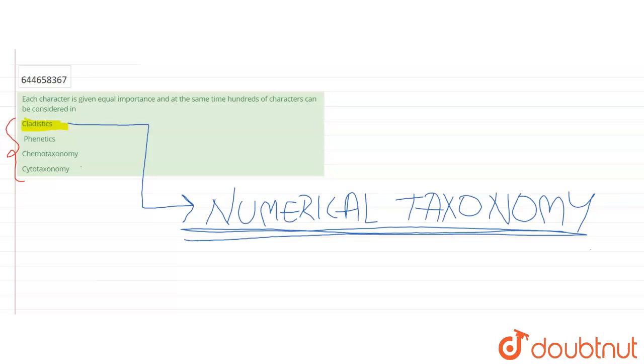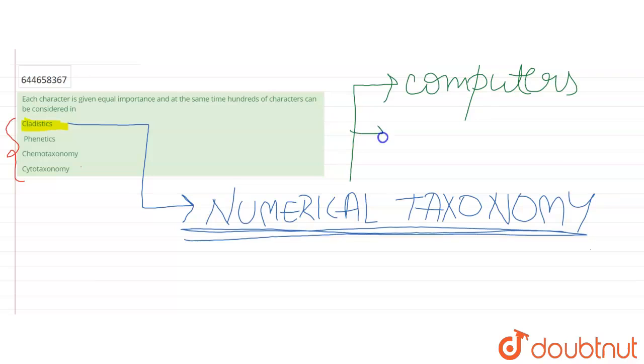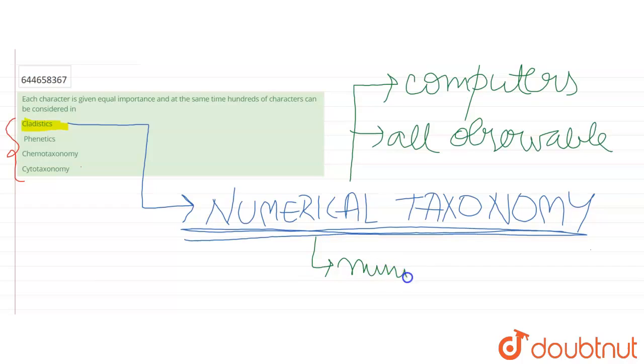Numerical taxonomy is very easily carried out with the help of computers. So it creates a very convenient way of classification, and it is based on all the observable characters. Numbers and codes are assigned to each and every character, and they are then further processed.